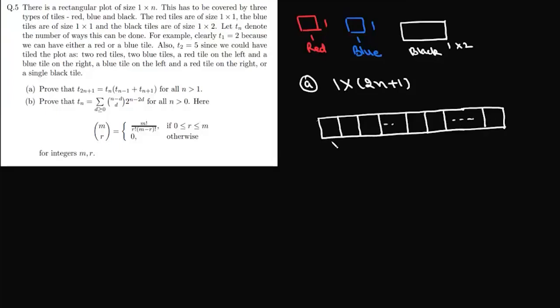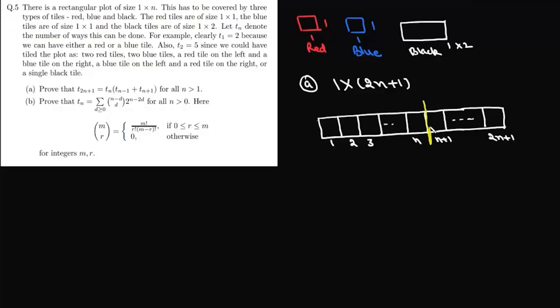Suppose this is 1, 2, 3, and this is n. This is n plus 1, and this is 2n plus 1. Now let us bifurcate this into 2 parts.